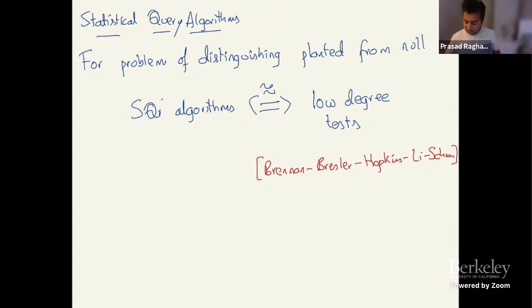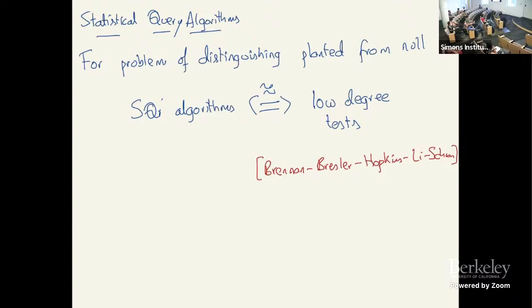That's quite nice because they get statistical query lower bounds that way, as well as low degree lower bounds. And so I guess that's all I wanted to say about barriers and open questions. I guess I'm finishing early. If there are any questions, I can answer.